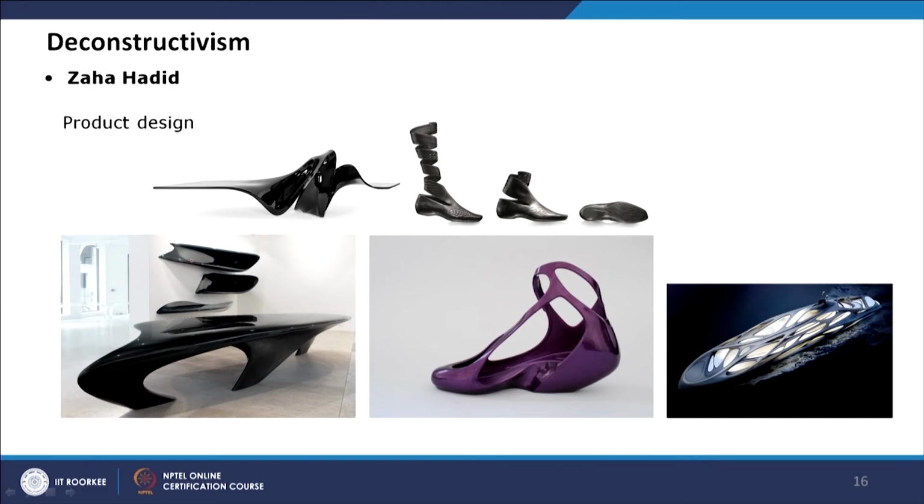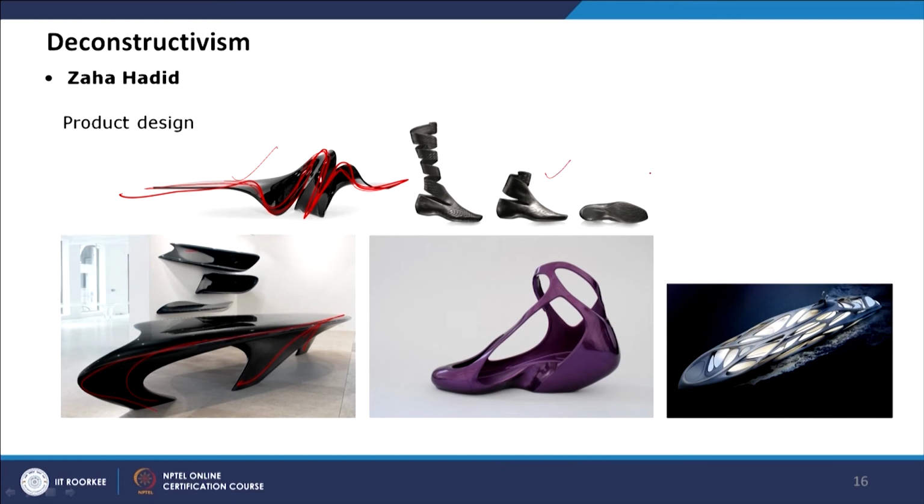It ranges from a wall cabinet to a table, and this is another table designed by her. You can see the fluid line which comes as a table. This is just one line which gives the form of the table. Again in this table, porcelain is used as a material, and it is designed in a very curved manner.